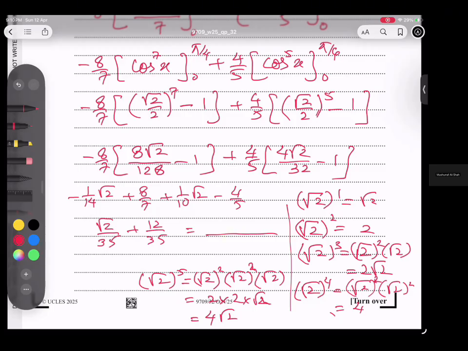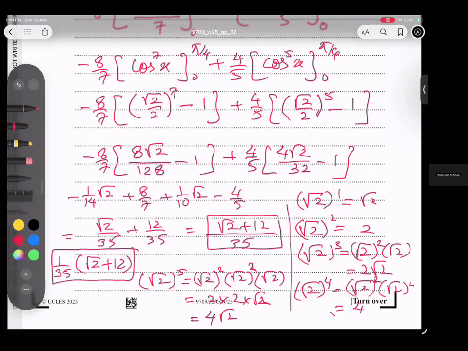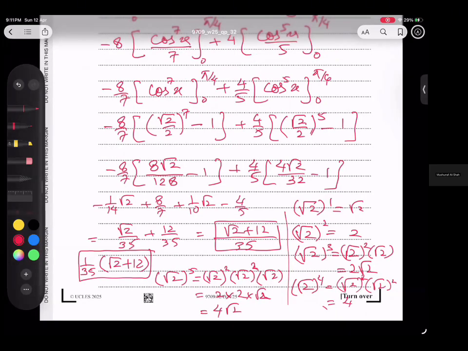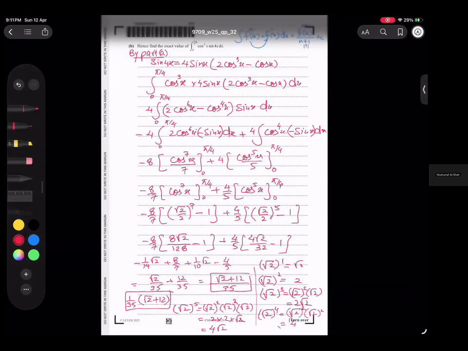So 35 is the LCM, and root 2 plus 12. I hope the concept is very clear. You write this format for full marks, or we write 1 over 35 in the bracket, root 2 plus 12. Both are correct. I think the concept is very clear and the question is completely over.